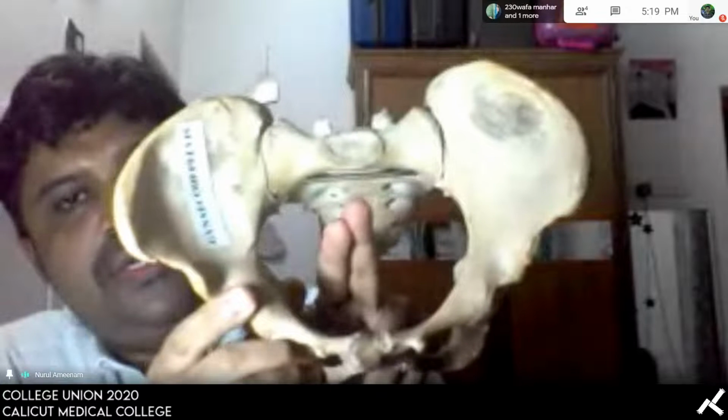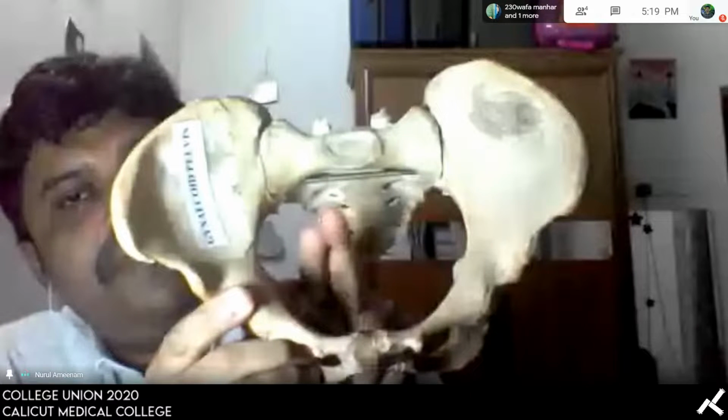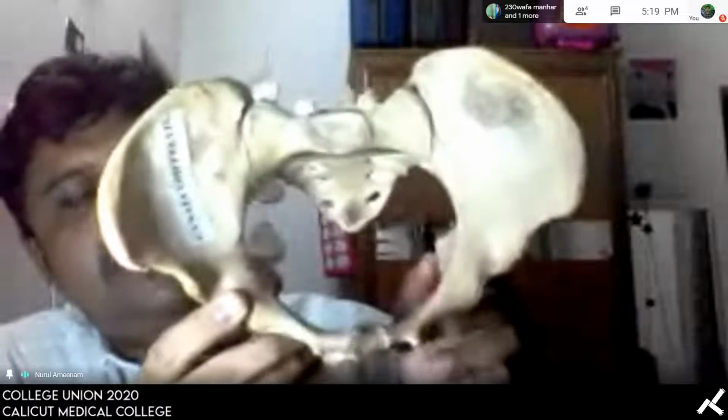So it is divided into 7 centimeters anteriorly and 4 centimeters posteriorly. That is where the transverse diameter crosses the brim. The transverse diameter of the brim is around 13 centimeters.